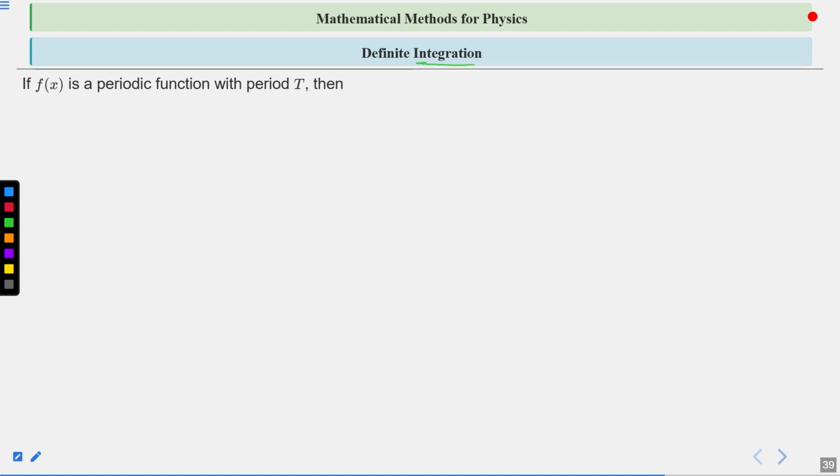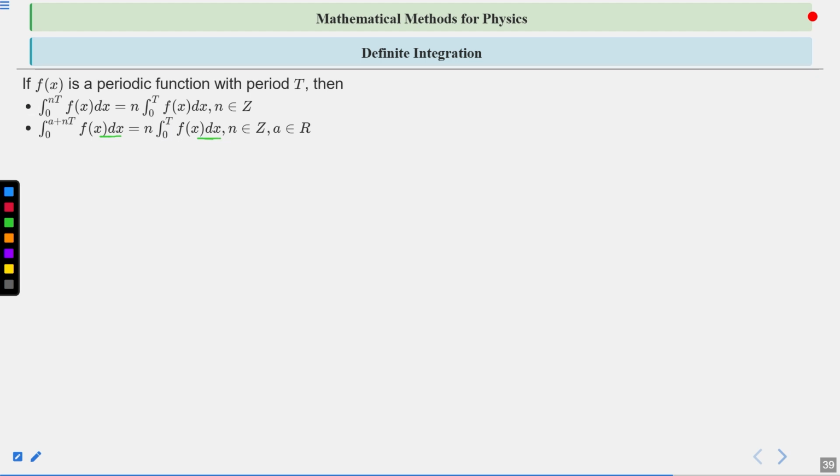Definite integration: if f of x is a periodic function with period T, in that case the integration from 0 to nT of f of x dx is equal to n times the integration from 0 to T of f of x dx, and the integration from 0 to a plus nT of f of x dx is equal to n times the integration from 0 to T of f of x dx.